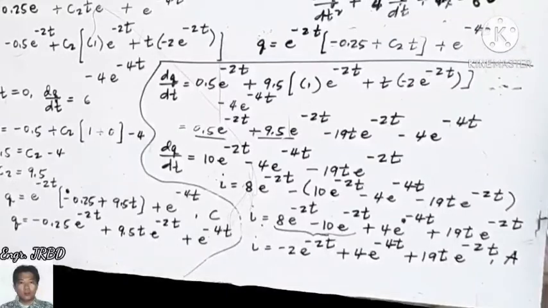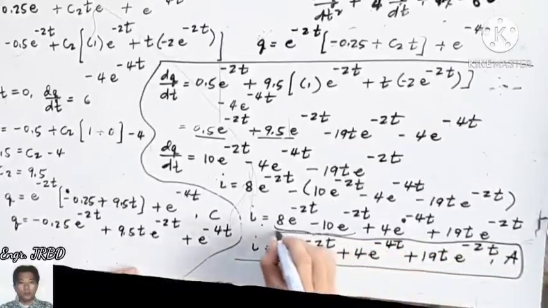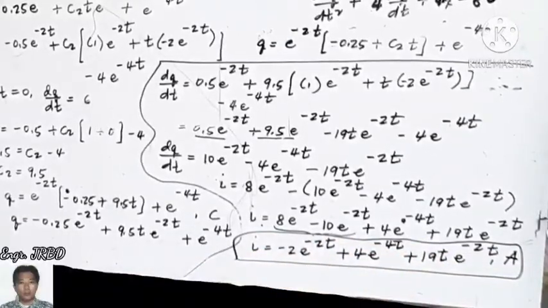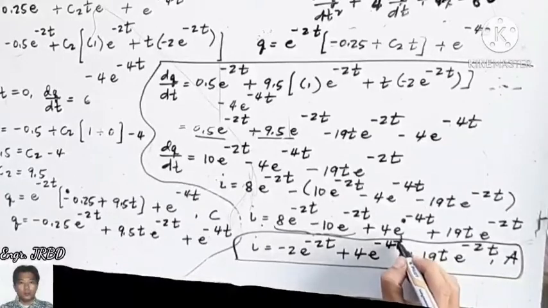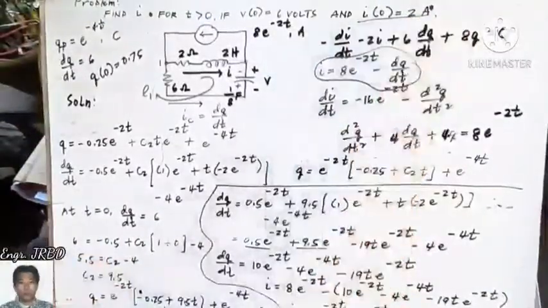Okay? And you can always check the validity of this equation, whether it is correct or not. One of the ways to check this is to apply the initial conditions in the problem. Meaning, at time t equals 0, you should be getting a value of 2 amperes.